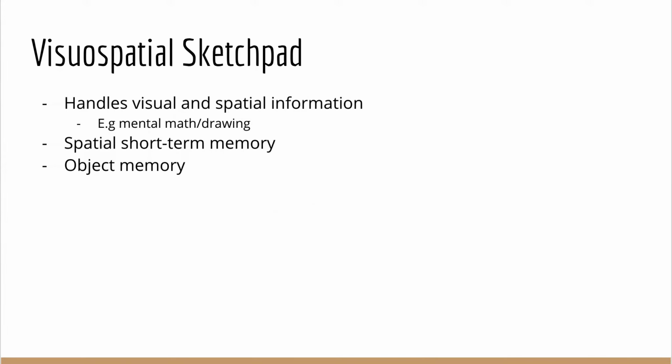It's been shown through different experiments. And there's two components here, which is the spatial short-term memory and the object memory. The spatial short-term memory is how one is able to learn and remember where they are in comparative representation to other objects, while the object memory is the portion that is essential in remembering what an object is.